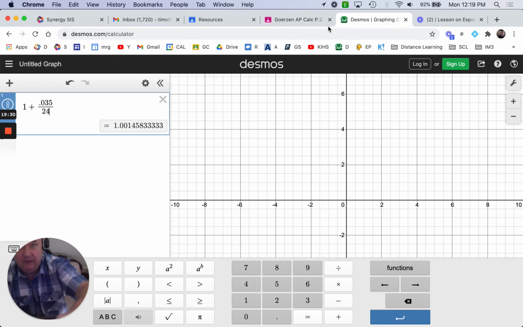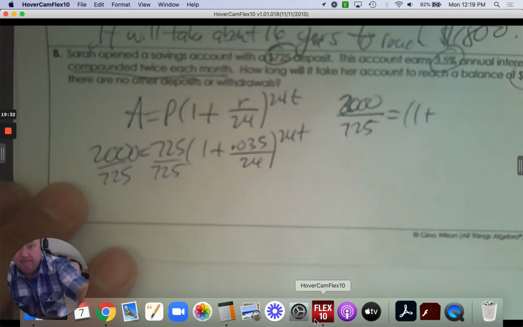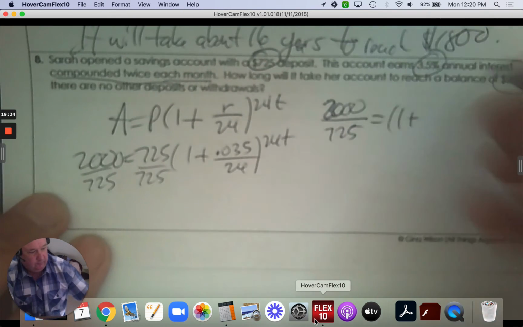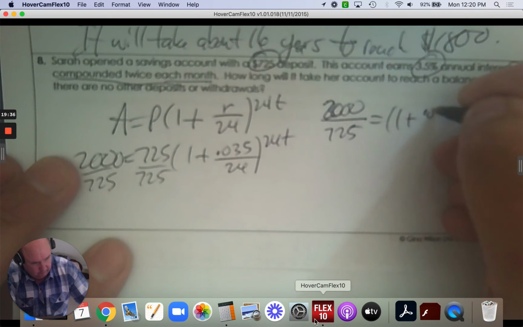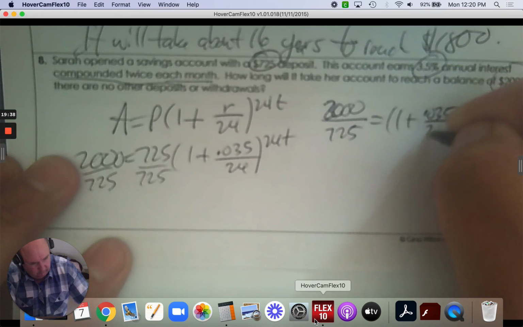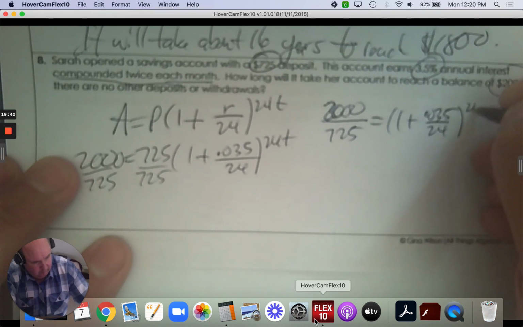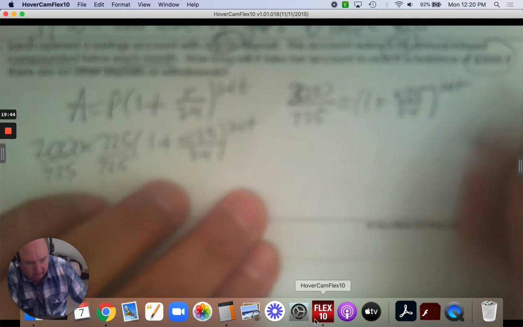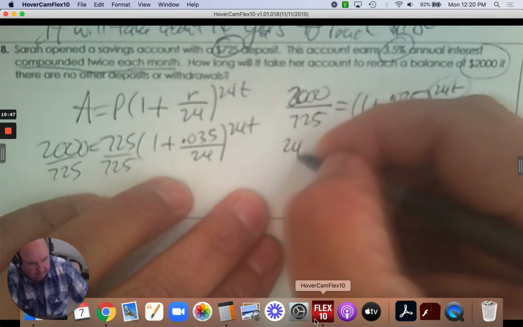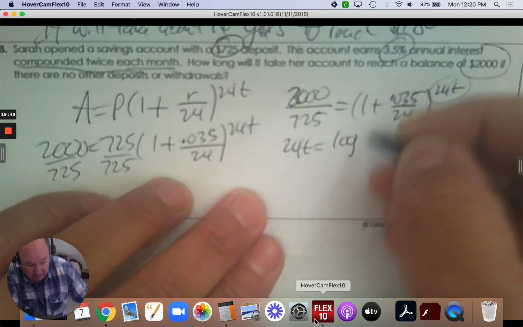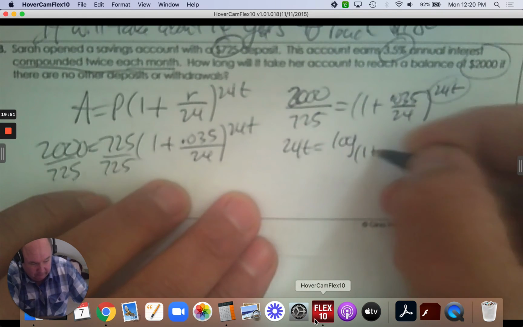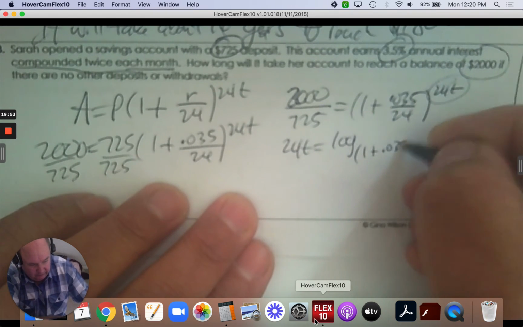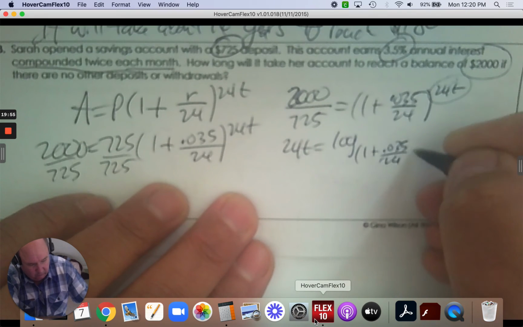I'm going to use the complete number then. The next step, we're going to write this as a logarithm. So the exponent is 24t. The logarithm is going to have an ugly base to it. 1 plus 0.035 divided by 24. But you can do it.